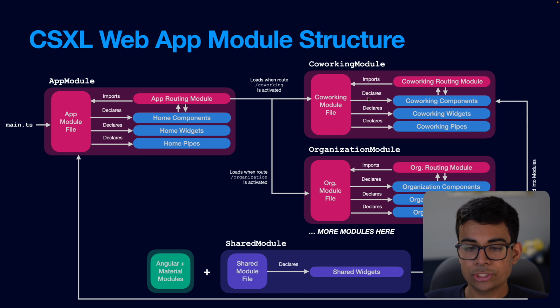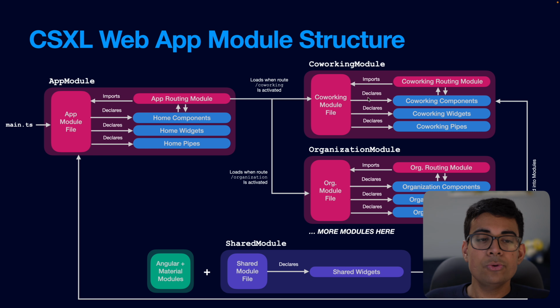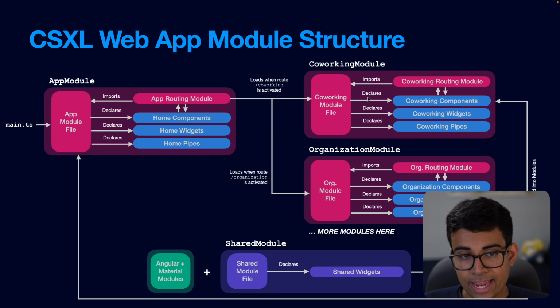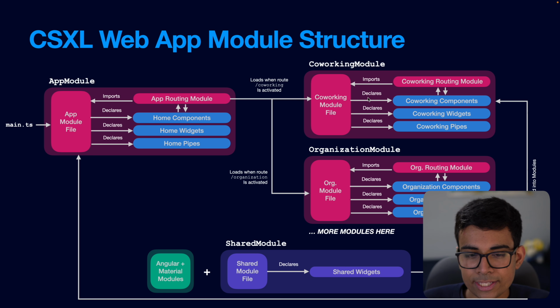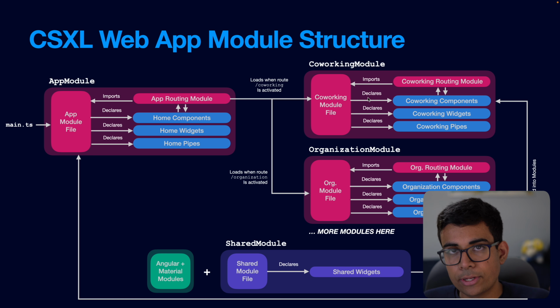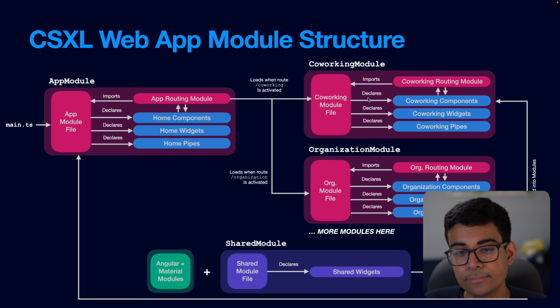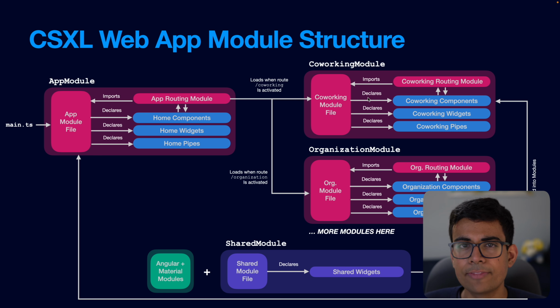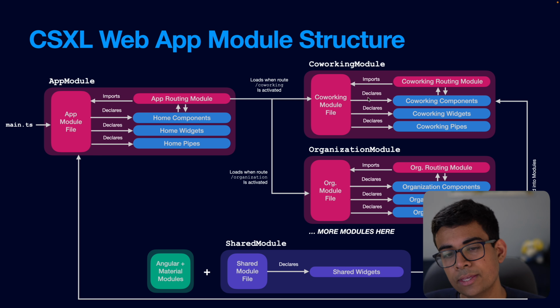Right here, we have a shared module, and our shared module can now be used and imported into any module that needs to access it. And this is better because now we're only sharing those widgets that we need to share instead of loading an entire module with a bunch of code and a bunch of components and all of that. So it helps to keep the modularity there, and it helps to solve that load time issue.